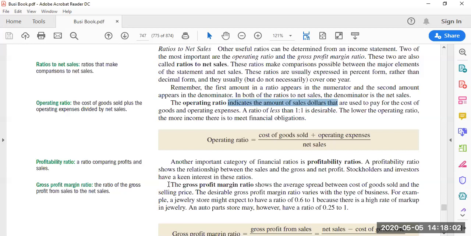The gross profit margin ratio shows the average spread between cost of goods sold and the selling price. The desirable gross profit margin ratio varies with the type of business. The industry helps to determine what would be considered a desirable or undesirable number.